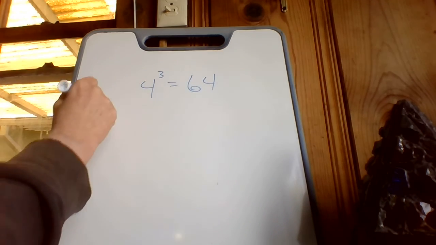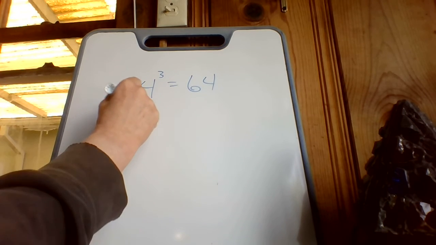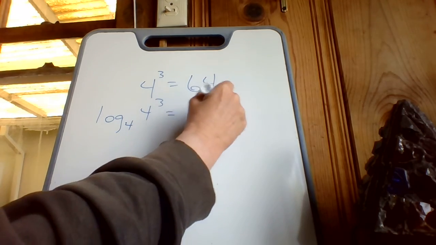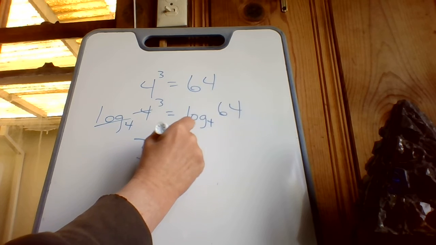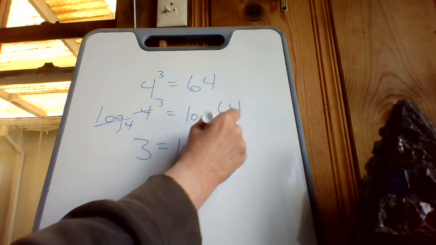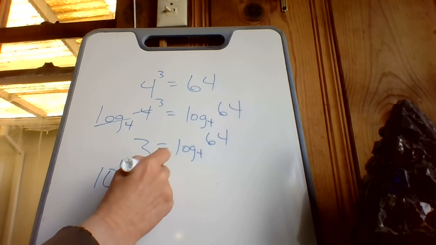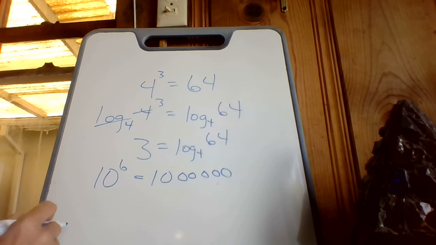All right, I need to write a log on both sides. And the log needs to be base 4 so that it'll smoosh that out. So that cancels with that. So now it says 3 equals log base 4 of 64. For this last one, 10 to the 6th equals 1,000,000. All right, that's log base 10.